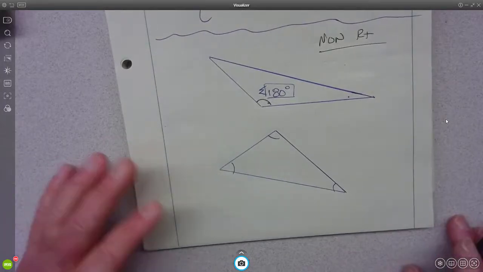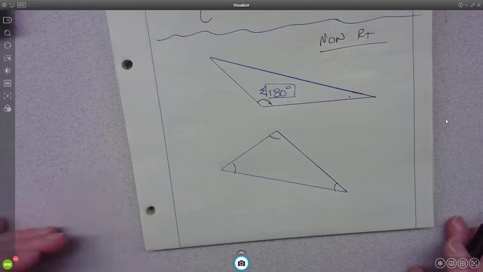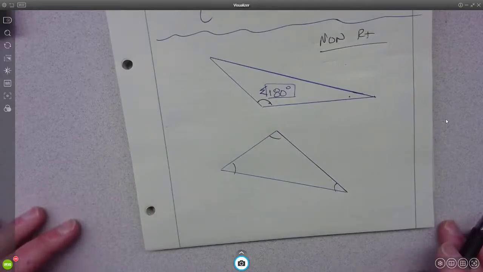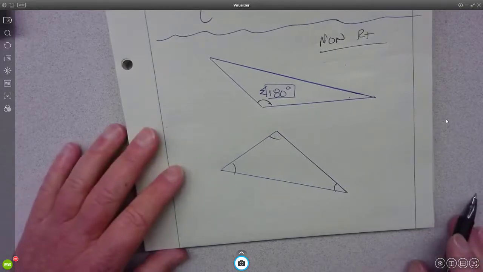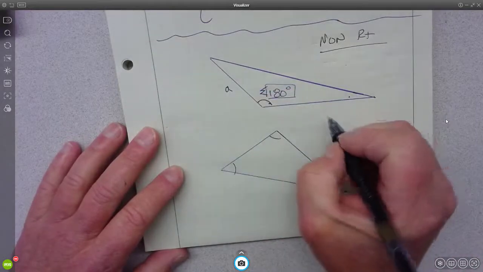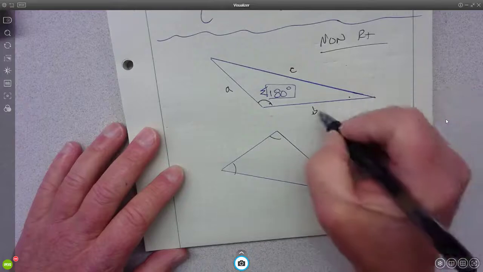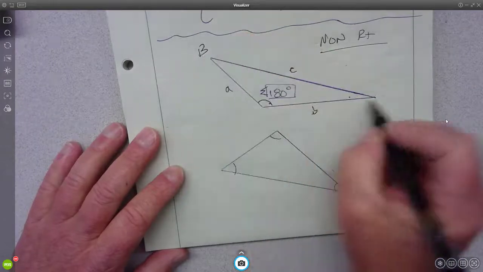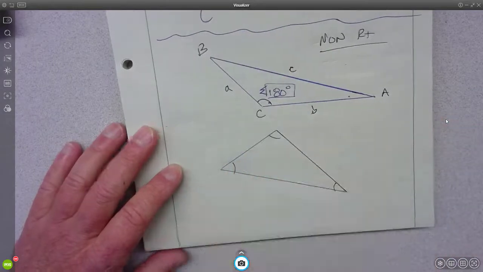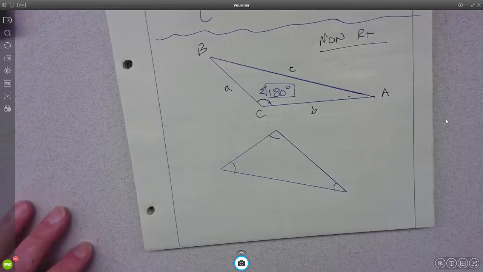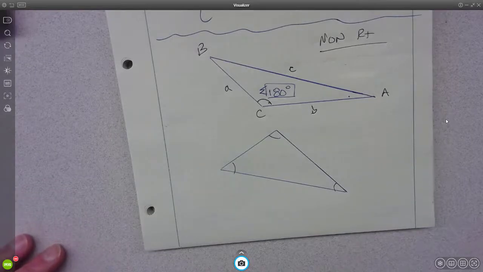You still need a labeling system, because the sine law and the cosine law are not going to make sense unless your triangle's labeled. So we still want to go with an A, B, and a C, and then a lowercase a, b, and c. Get them labeled, whatever you're given, and then apply the laws.